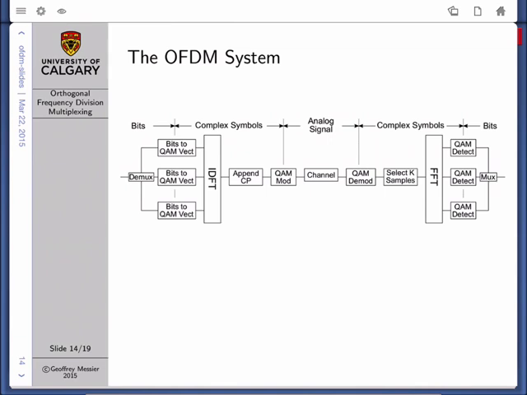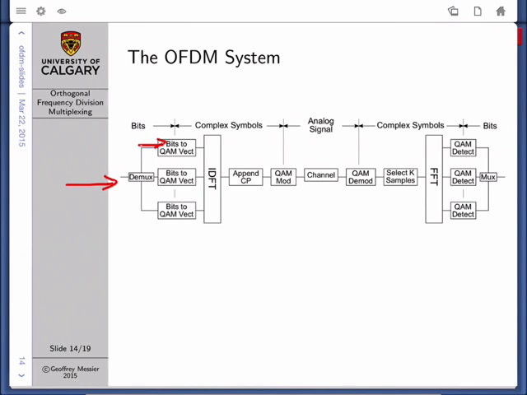So now we're ready to look at a complete OFDM system. Here I've shown both the transmitter and the receiver communicating through an analog channel. At the input to our transmitter, we have bits. The bits travel through a demultiplexer and go into a block that maps the bits from just ones and zeros to a complex QAM signal vector that contains the magnitude and phase of the QAM symbol that we're trying to transmit.